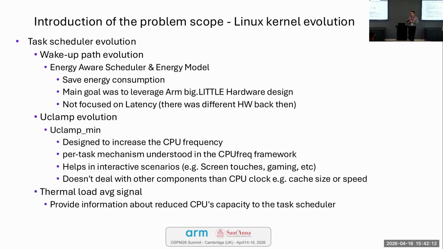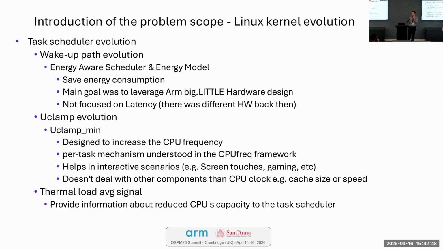Then there was another mechanism, uclamp, especially with the uclamp min. It's kind of an artificial latency or prioritization mechanism, because the utilization of the task sometimes doesn't represent the need of that task. That's why we have this uclamp min, which tries to boost the utilization, and then it boosts the CPU frequency. But if the platform is not aware to boost the L3 cache or increase the size, then it falls apart.